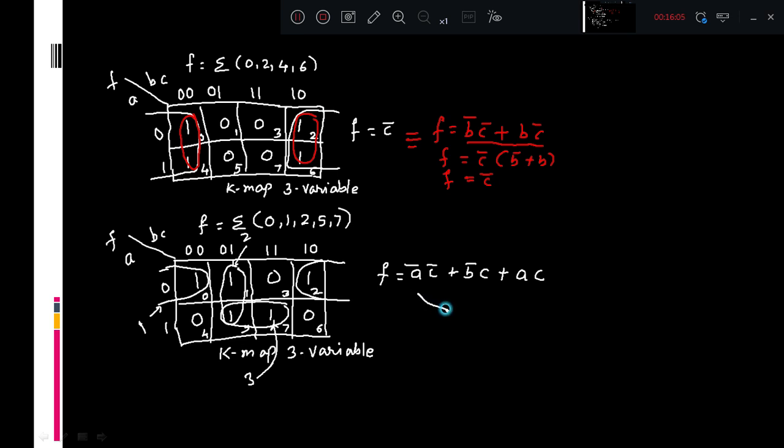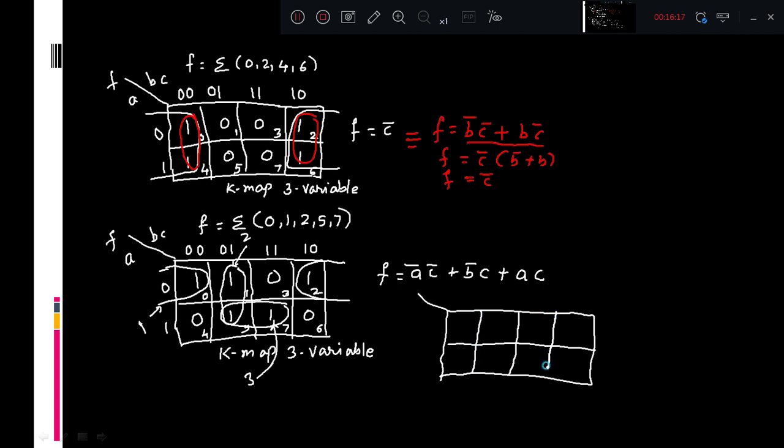Some of you might think the other way, one more possibility. For the same example, you can group differently. These locations are 1, the remaining locations are 0, so 0 1 0 0 0 1 1 1 for A B C. This function is f.